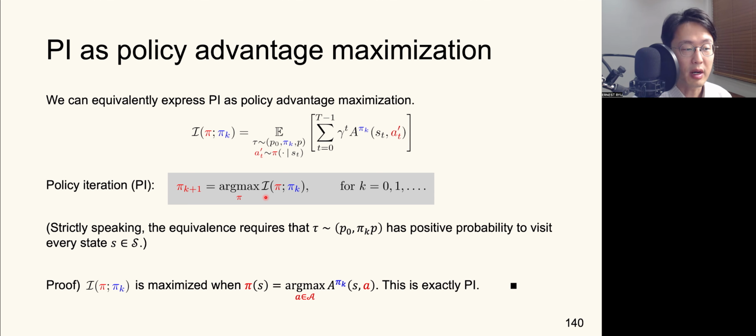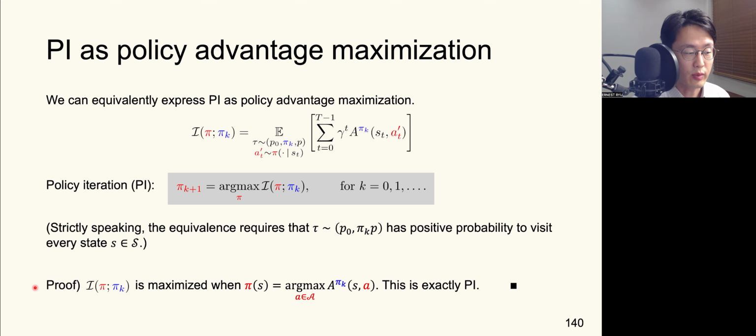We maximize the policy advantage over all policies pi, and that yields a subsequent policy pi k plus 1, and this is policy iteration. Strictly speaking, there's a technicality behind this equivalence. The equivalence does require that the trajectories generated by the policies pi k have positive visitation probability for all states, but let's not dwell on this technicality.